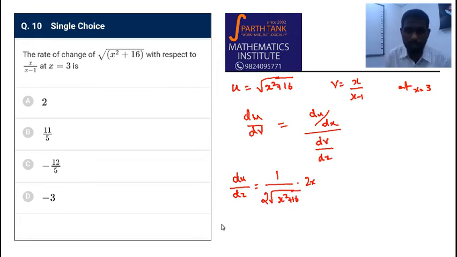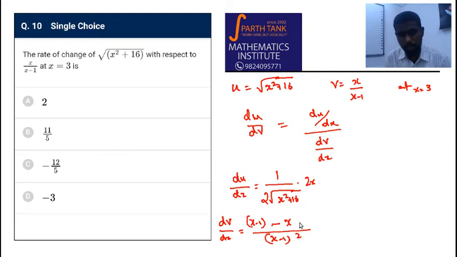What will be dv by dx? dv by dx is (x minus 1) the whole square in the denominator. Then keep the denominator, differentiate the numerator, becomes 1, minus keep the numerator, differentiate the denominator, becomes 1 also. So this is nothing but minus 1 by (x minus 1) the whole square. Okay.